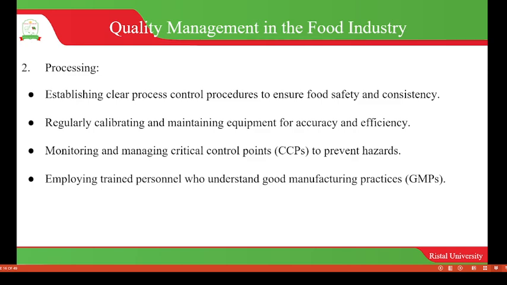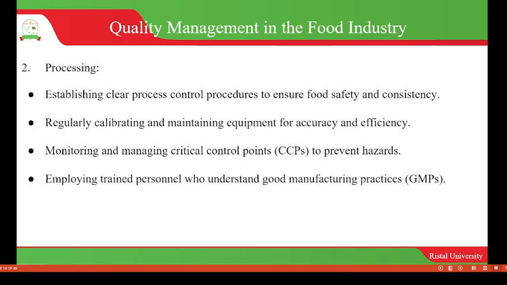So, for us to maintain quality in the products that we are producing, we have to always employ trained personnel who know good manufacturing practices.